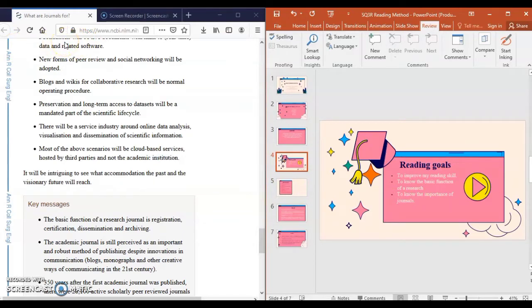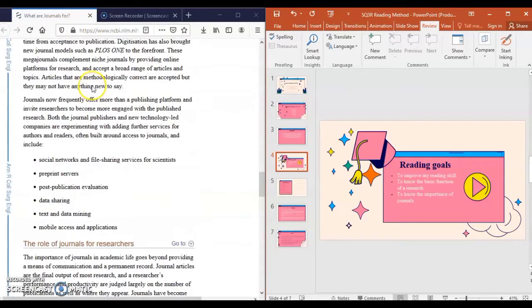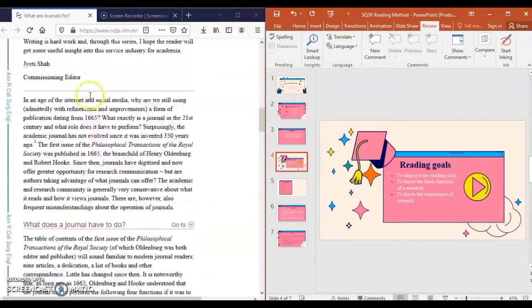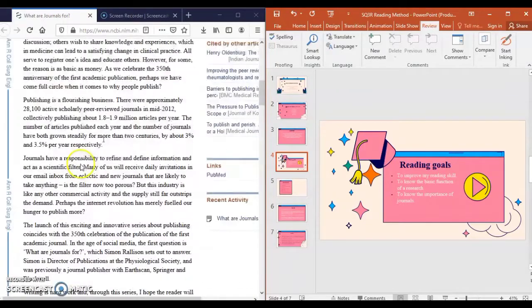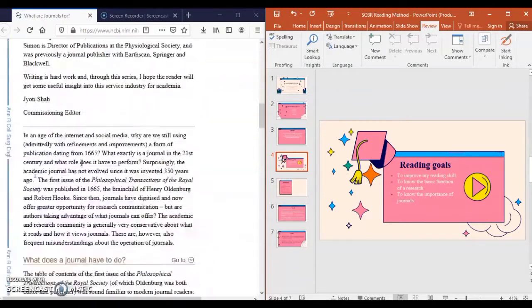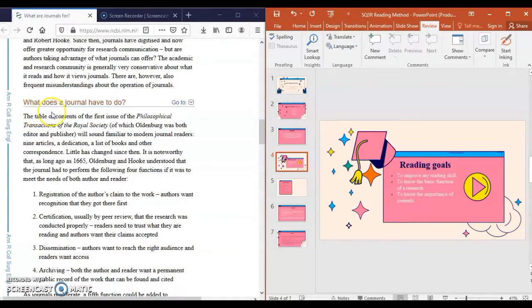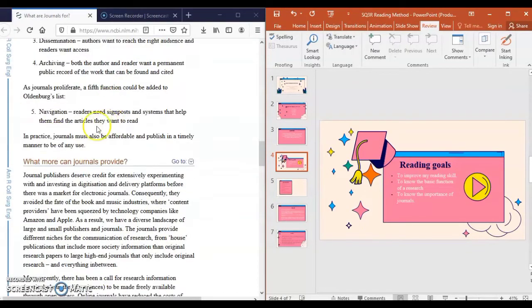My next step is to begin questioning and reading, and I will base my questions on the key headings I notice here. What does a journal have to do? What more can journals provide?